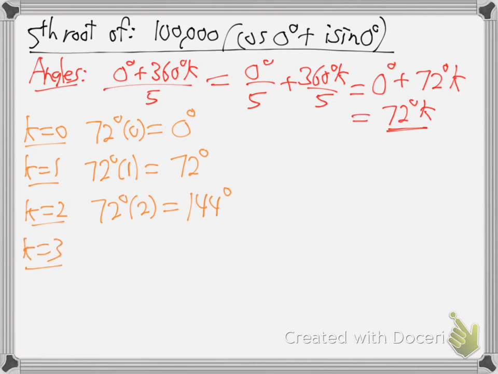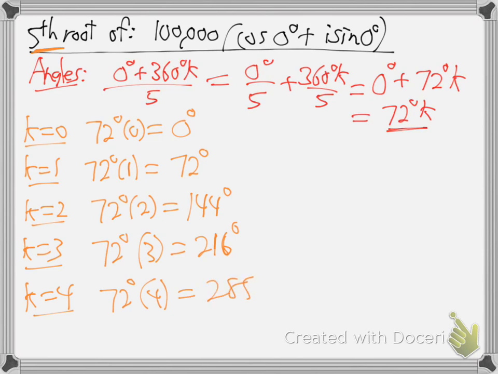K equals 3: 72 times 3, 216. How many of these do we have to do? 5. For fifth roots, you're going to have 5 of them. Right now I've got 4. One more. 72 times 4, 288 degrees. There's the angles.